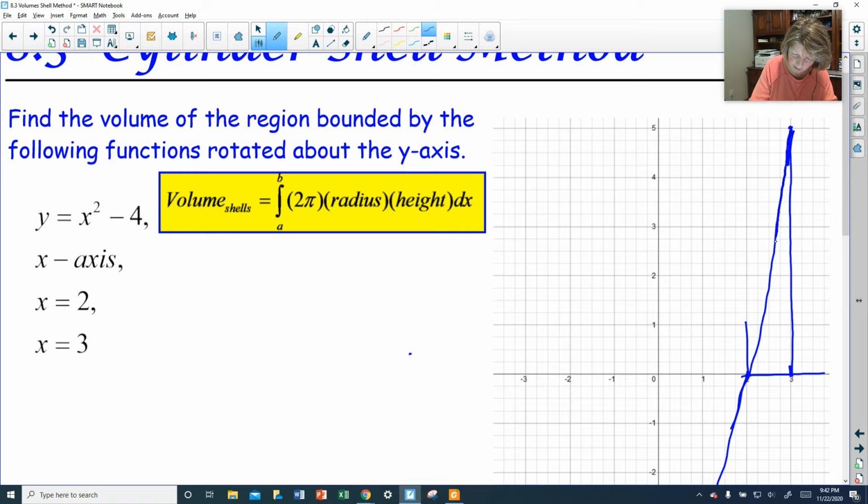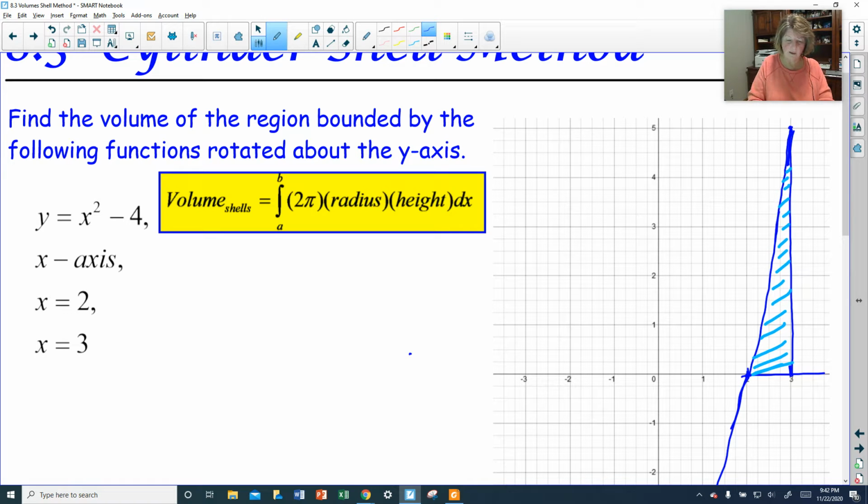Here's that parabola. So really the region that we are spinning is going to be this region right here. I'm going to erase the x equals 2. It locks it in there, but that's fine. We don't really need it.